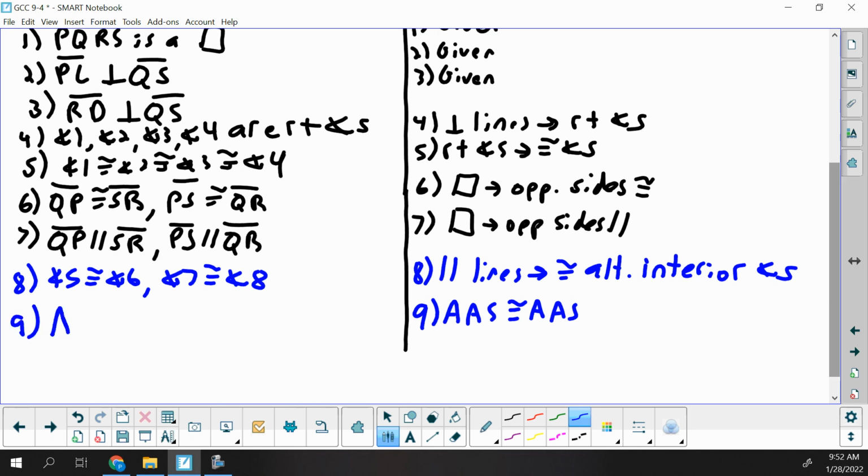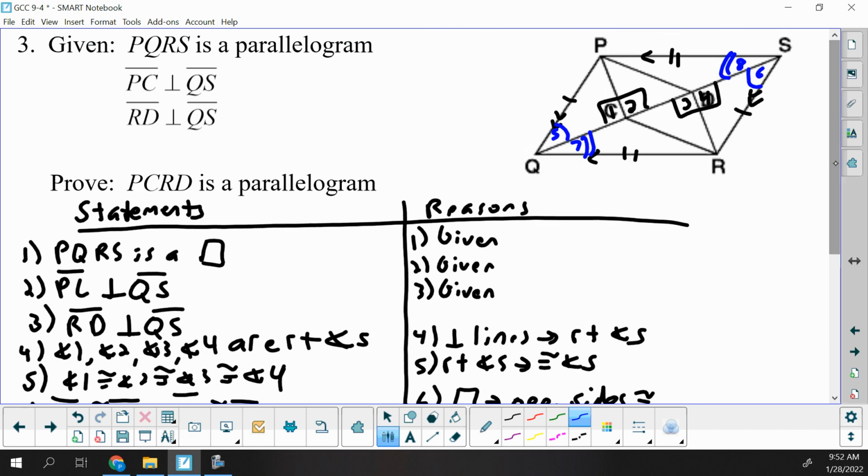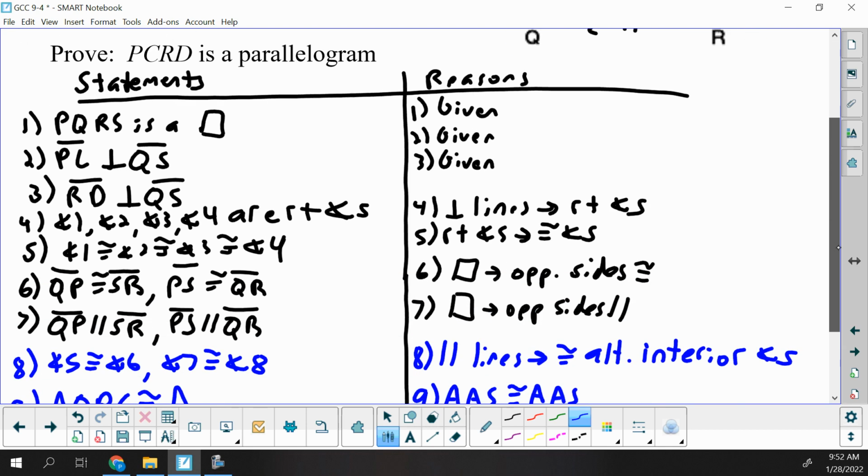So I'm going to call the first one QPC. And then we got to be careful in the second one to get it to match. So Q was here at our alternate interior, so that should match with S. P had no marks, so that should match with R. So we need SRD to match up.